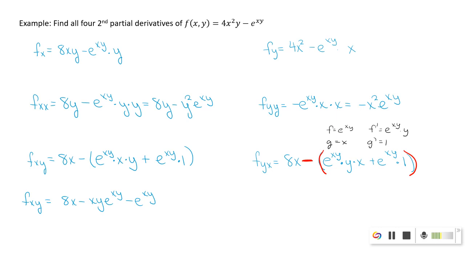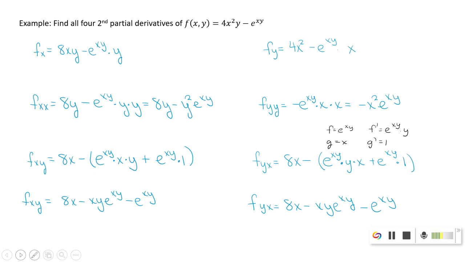So let's see, we've got 8x minus the quantity e to the xy, y times x, plus 1 times e to the xy. And finally, I'll just go ahead and distribute the negative. So f sub yx is 8x minus xy, e to the xy, minus e to the xy.